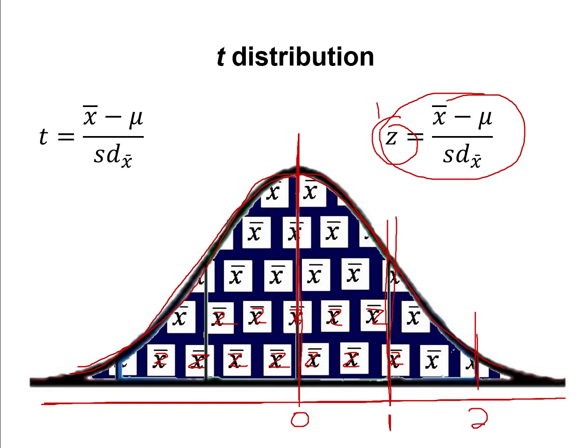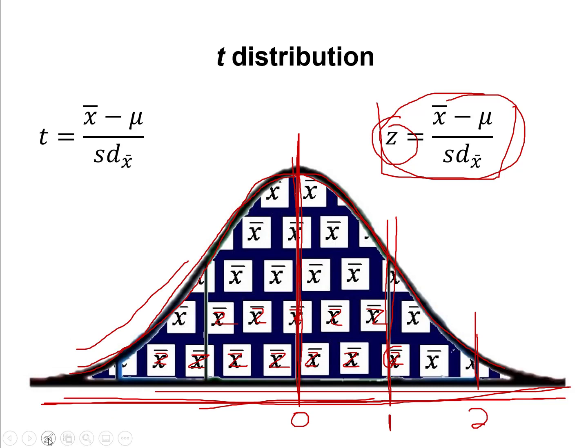So when we plug in this formula for a z-score, we change the scale along the bottom so that the true population parameter is the midpoint of the distribution. The true population parameter is 0. And we take each sample and indicate how far that sample scored above or below that true population parameter in standard error units. So we've changed the scale, but we haven't changed the shape of the distribution.